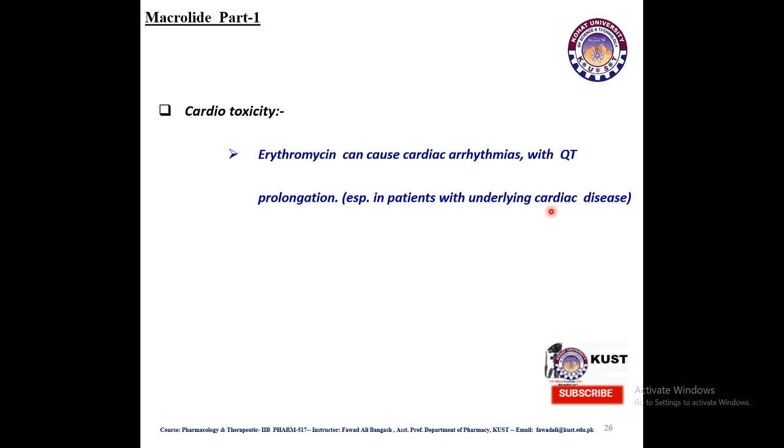Both are L-type voltage-gated calcium channel blockers, used in cardiovascular conditions like angina, hypertension, and arrhythmias. They interfere with the CYP3A4 microsomal enzyme, resulting in prolonged metabolism of erythromycin.